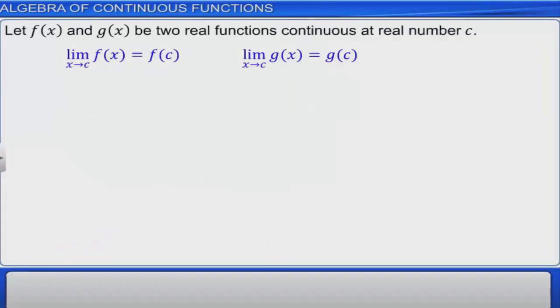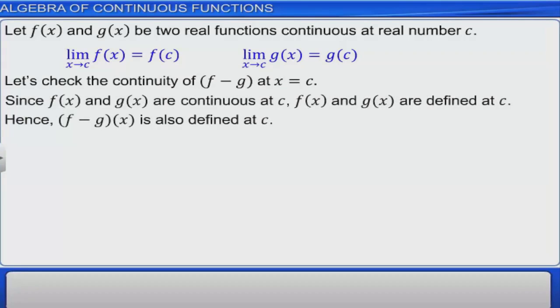Now, let's check the continuity of the difference of two continuous functions. As f of x and g of x are continuous at c, we have that f of x and g of x are defined at c. Hence, the difference of the functions f of x and g of x is also defined at c.